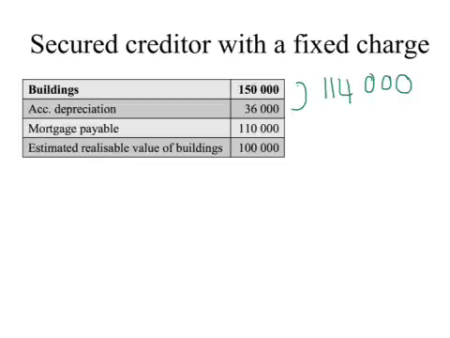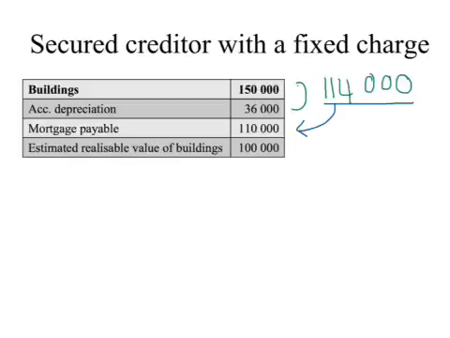In our statement of affairs, we will list this building net of the accumulated depreciation, so the carrying value of the building of $114,000, and against that we will note that there's a claim of $110,000.